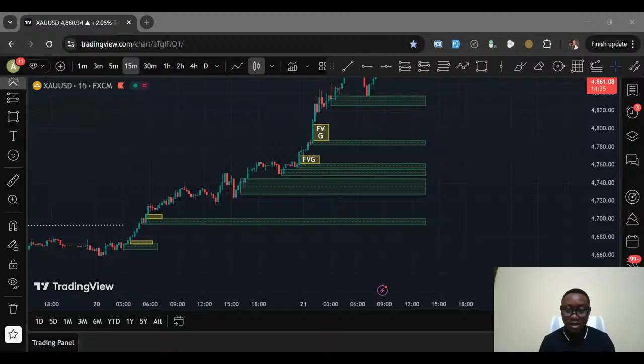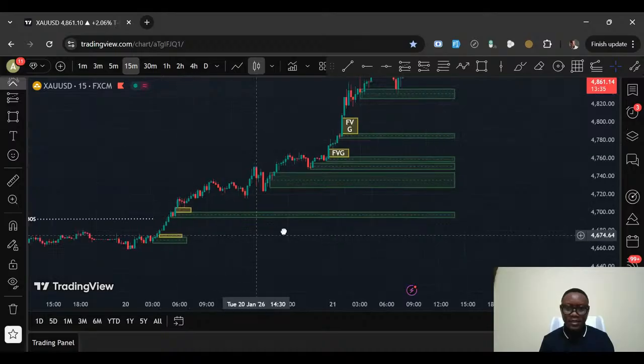How soon price might go back there to retest the zone is what I cannot guarantee. So you don't have to worry about that. Worry about the current market structure and work with that. You get it? Okay, so back to our charts.